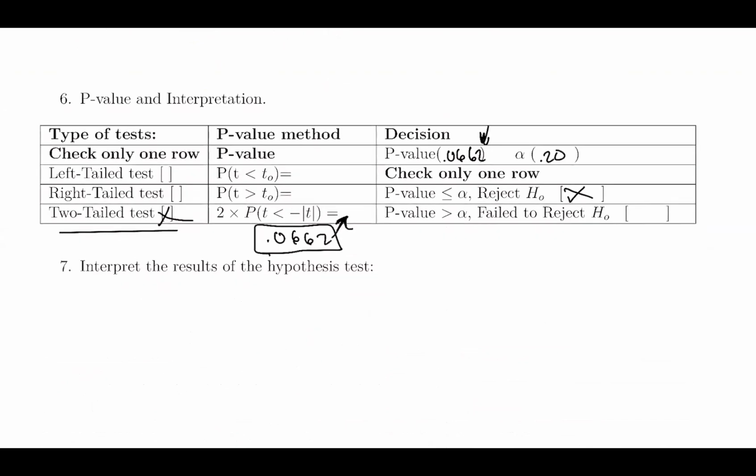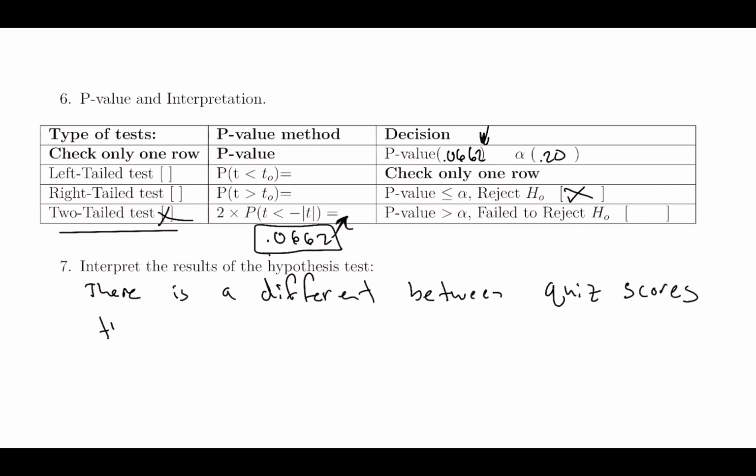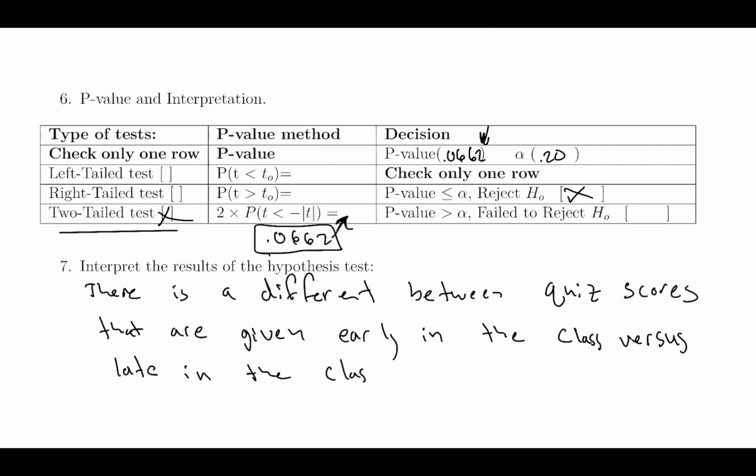So in this case, since we reject the null hypothesis, we'll say there is a difference between quiz scores that are given early in the class versus late in the class.